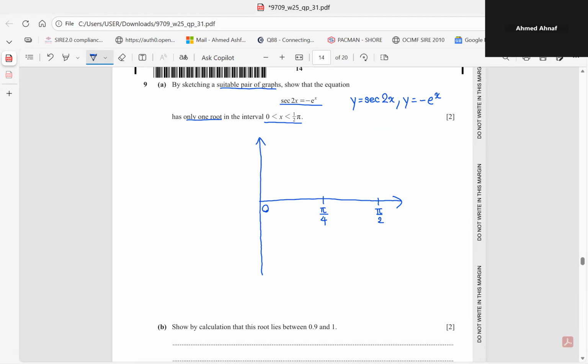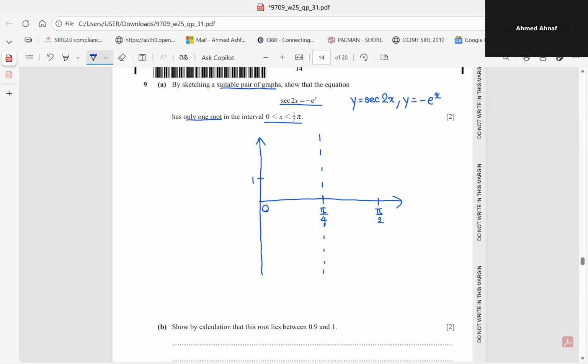So secant 2 times 0, so 1 over cosine of 2 times 0, you would get 1. So I'm just going to put 1 here. And if you substitute secant 2 times pi over 4, you will get math error. So that means that this here is an asymptote.